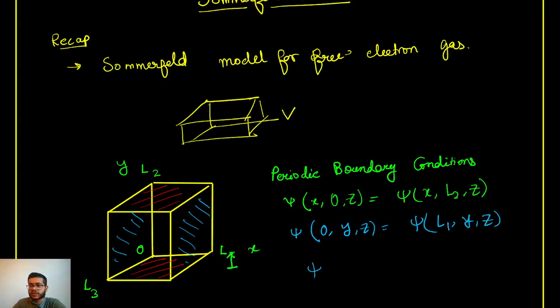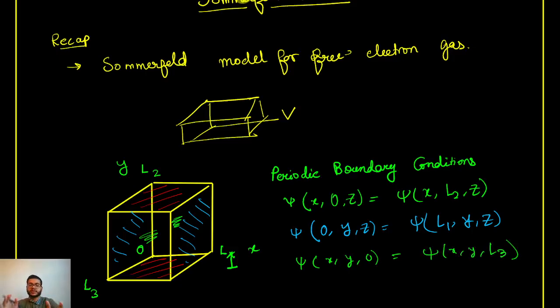And then let's say the front will be equal to the back. It will now be the xy plane, so psi of x, y, 0 equals psi of x, y, L3.